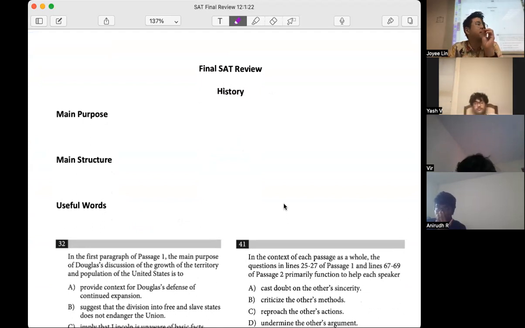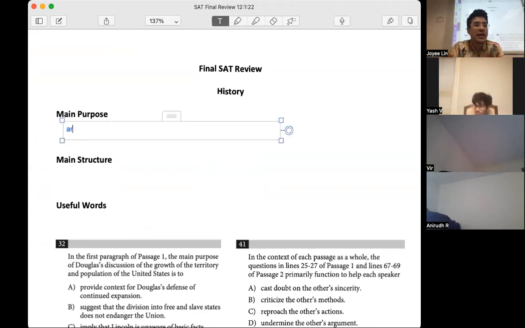What's the main purpose of history? Argue. Argue for what? Argue for change, especially if you're in the position of lacking power, right? Not everybody's lacking power, so sometimes you get the powerful people too. What do the powerful people do?